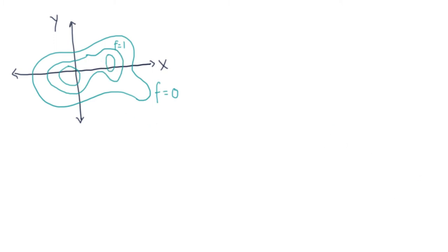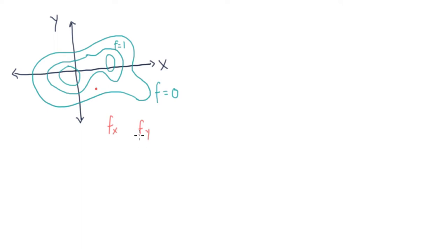All right, so if I pick a point somewhere in the domain of my function, let's say right here, now what I can do is I can define the partial derivatives. So f sub x and f sub y.